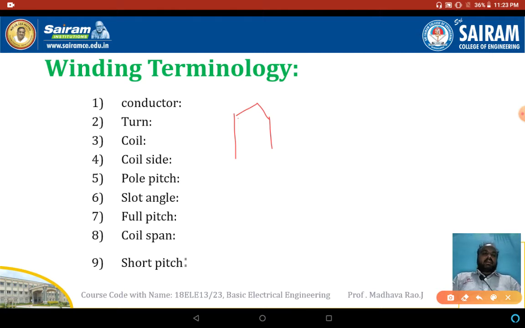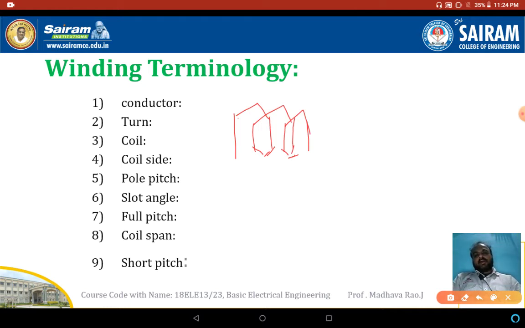If you join a number of turns together, that is called a coil. Next one, coil side. One conductor in one slot is known as coil side.